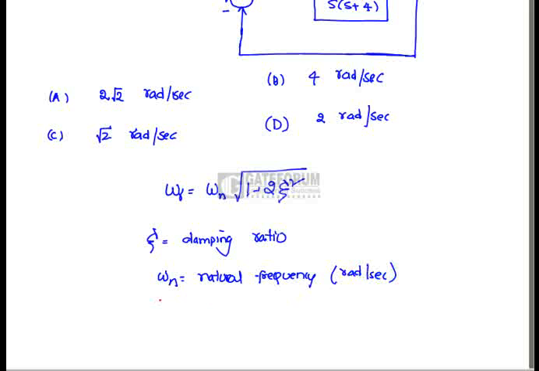We can obtain zeta and the natural frequency from the closed loop transfer function of the given diagram. Now the closed loop transfer function equals 16 by s square plus 4s plus 16, which is compared with the standard one.